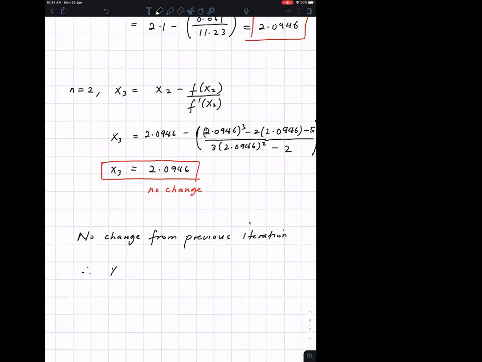Therefore, x2 is equal to x3, which is equal to 2.0946. Although this is not really accurate, I think this is an approximation.